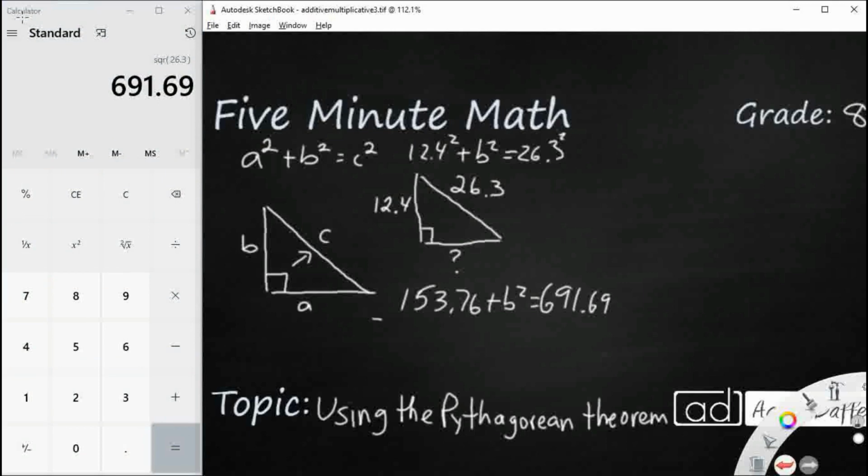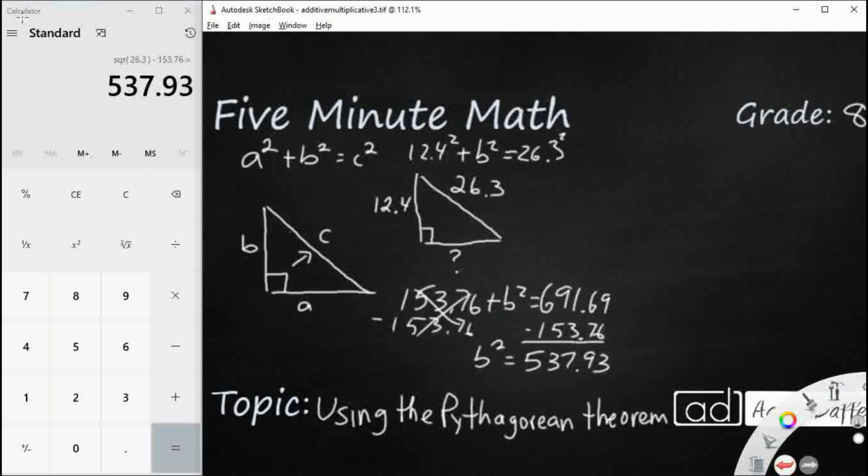I need to isolate that variable, so I need to subtract 153.76 from both sides. That's going to leave that b squared by itself. So let's minus 153.76. What's that going to leave me with? 537.93.